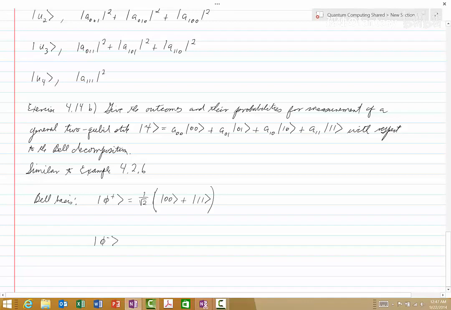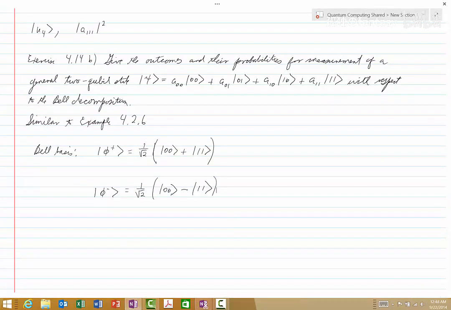Phi minus, which is 1 over square root of 2 times 0, 0 minus 1, 1. Psi plus, which is 1 over square root of 2 times 0, 1 plus 1, 0.